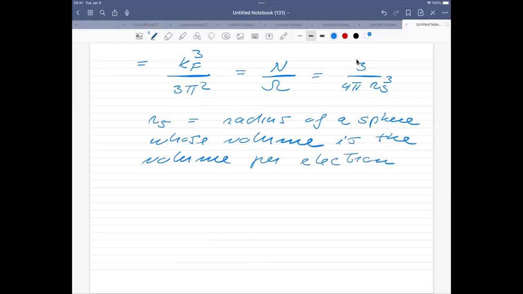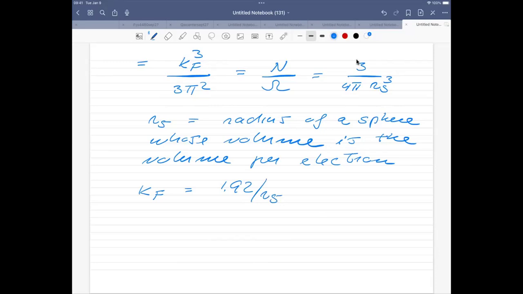So that means that if I take this expression here, and if I use this expression as well, I can then rewrite this Fermi momentum, kf, in terms of constants, which is 1.92, so I'm just plugging in 3 and 4 pi, divided by Rs.